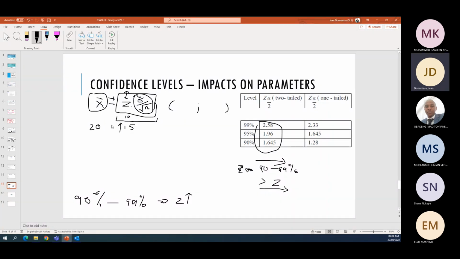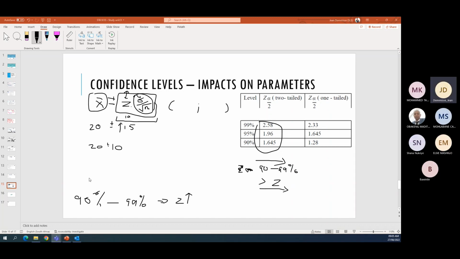We will see that the confidence interval will increase. Where it would have been 20 plus minus 10, now it is 20 plus minus 15.